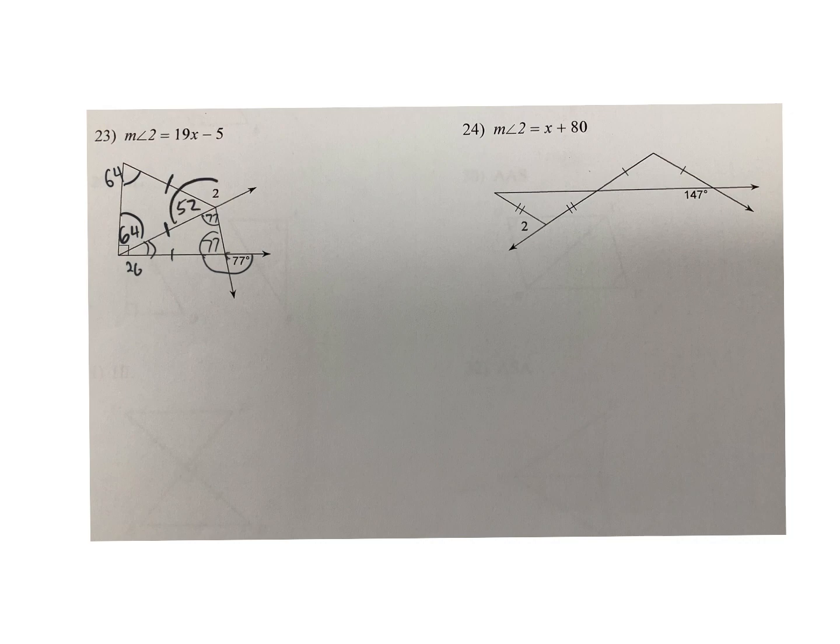And we see a half circle there. So 180 minus 52 gives us 128 degrees for angle 2. So that's equal to the 19x minus 5. Add 5 and solve. So 133 divided by 19 gives us 7.